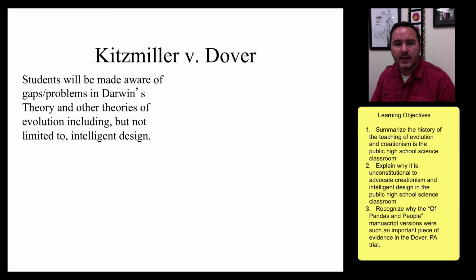It turns out in Dover, Pennsylvania, there was a school board that decided that students should be made aware of gaps and problems in Darwin's theory and other theories of evolution, including, but not limited to, intelligent design. So the idea was, let's get intelligent design in as an alternative, and some textbooks written by intelligent design proponents were placed into the library, and students were directed that they could go there.